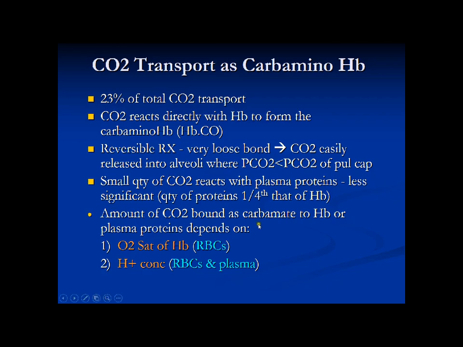So a negligible amount of carbon dioxide reacts with the plasma protein, but mainly it is transported by binding with the hemoglobin, because the concentration of hemoglobin is higher than that of plasma protein. The amount of carbon dioxide bound as carbamate to hemoglobin or plasma protein depends upon the oxygen saturation of the hemoglobin and the hydrogen ion concentration.